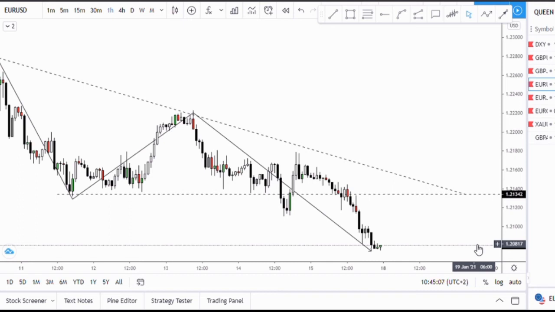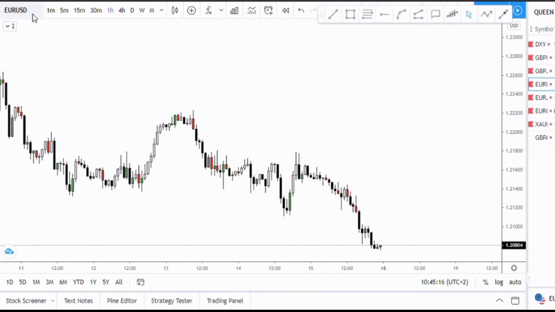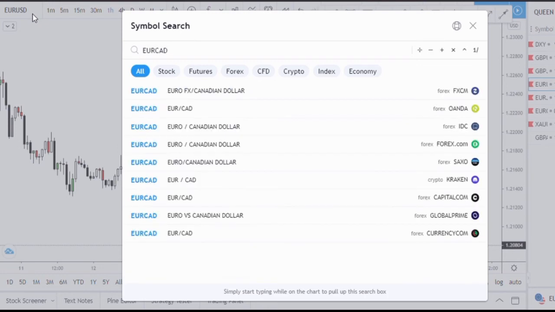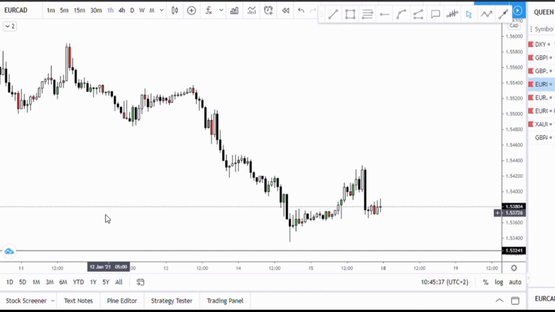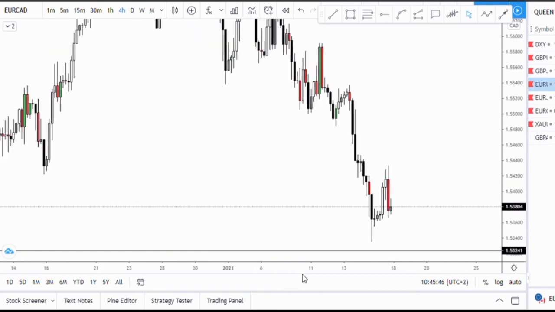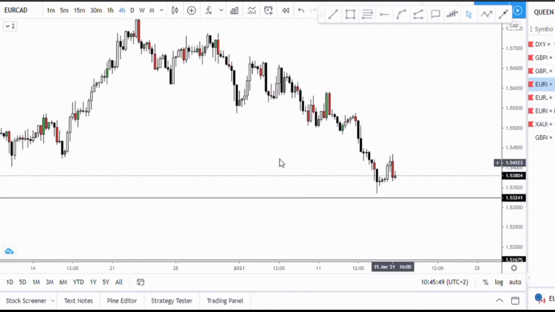So back to the pairs. So you can also trade Euro USD, Euro JPY. I definitely would not advise on Euro CAD or CAD JPY. CAD is not for London, but let's say Euro CAD. I call these the very complex pairs.